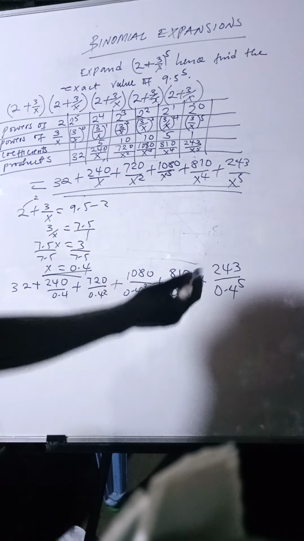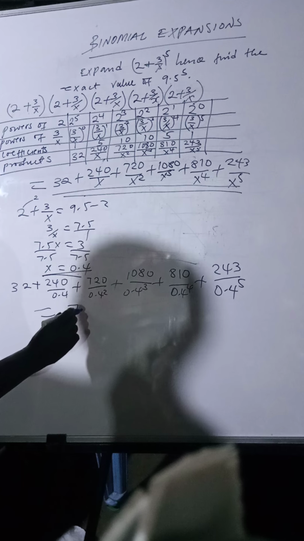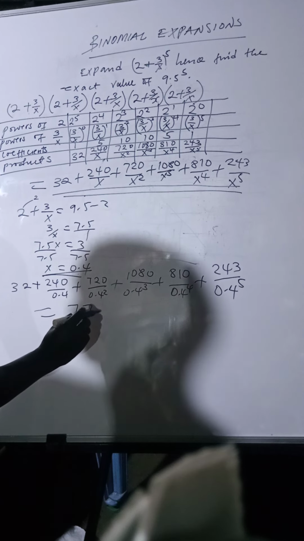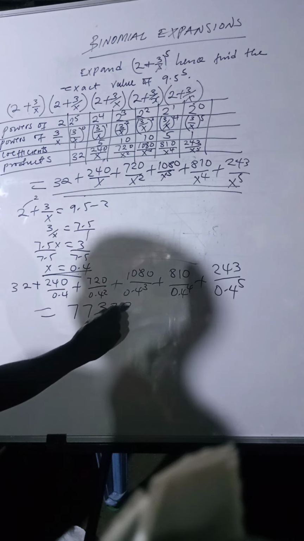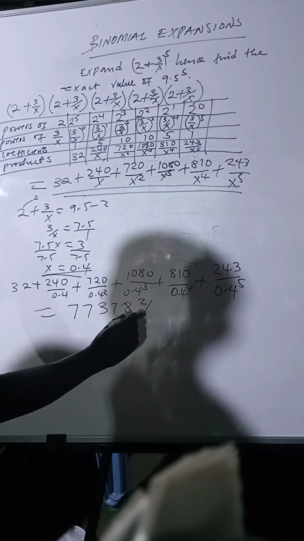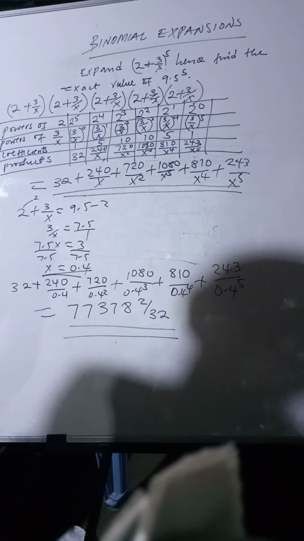Now this thing can be solved just using a calculator. Just solve using a calculator, and you realize that you have 73782 all over 32. So this is the exact value.